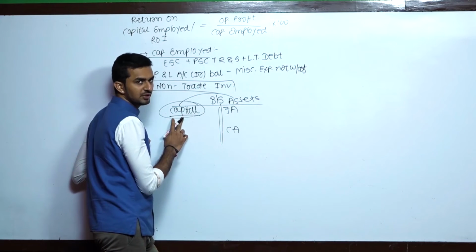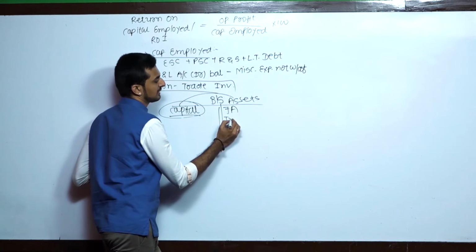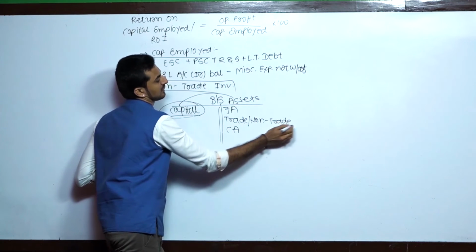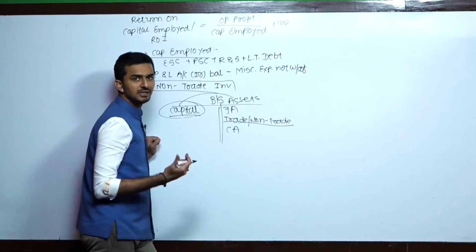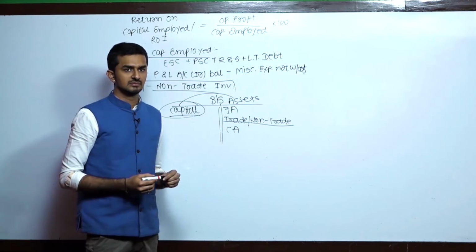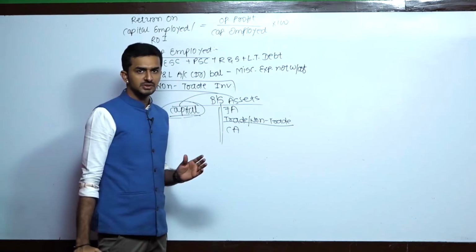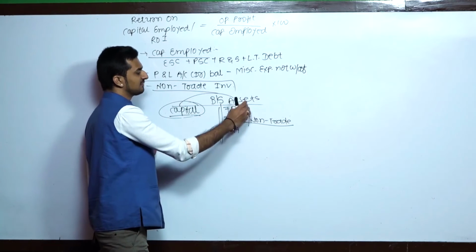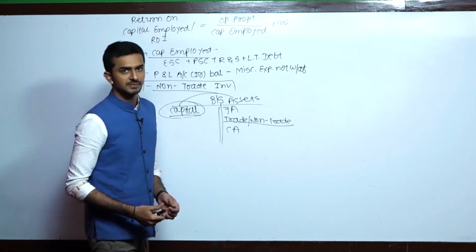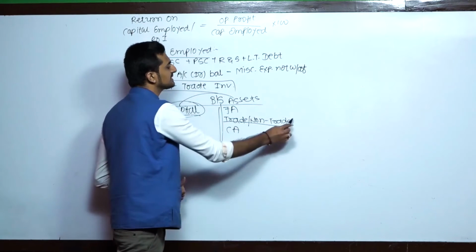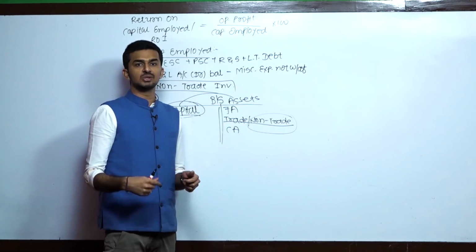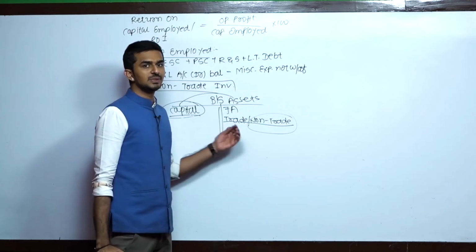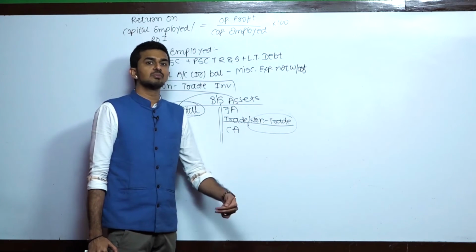Current assets are definitely being funded by this, and importantly, trade or non-trade, all the investments are being funded by capital employed only, be it trade or be it non-trade. So the capital employed is funding all these assets, fixed asset, trade investment, non-trade, current asset, everything. But out of it, non-trade is something that has not been employed in business. Non-trade's definition is that it is outside business, right? So from capital employed, we'll say minus non-trade investment because that's not employed in business.